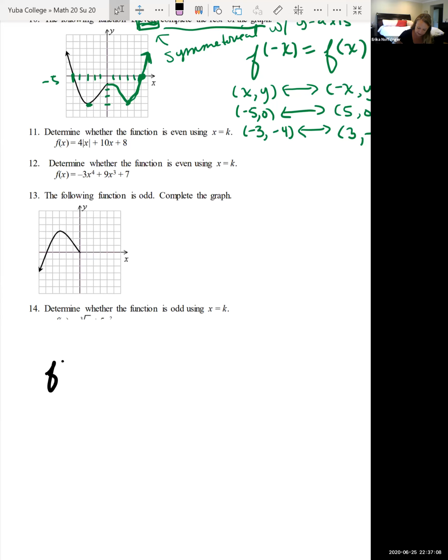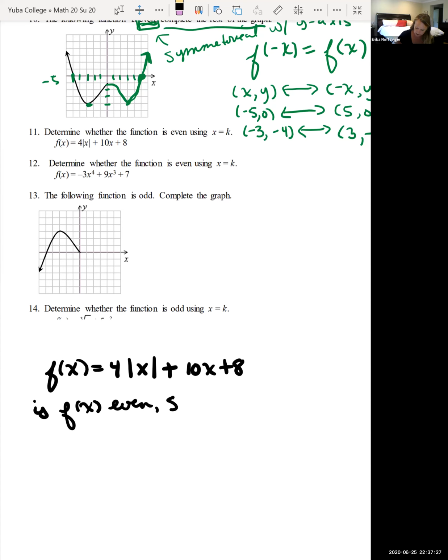We have f of x is equal to 4 times the absolute value of x plus 10x plus 8. Determine whether it's even. Is f of x even? Show using x equals k.